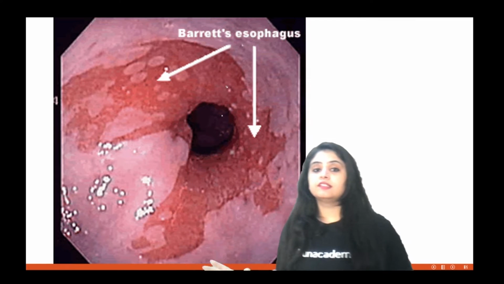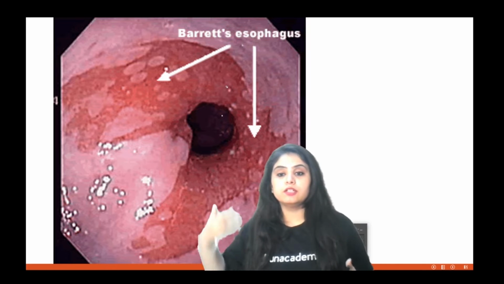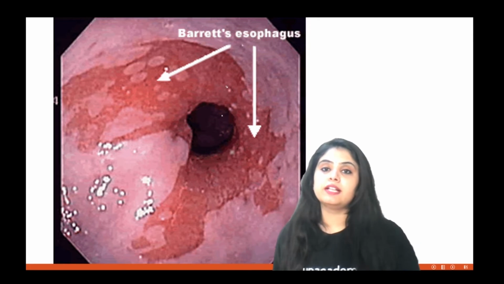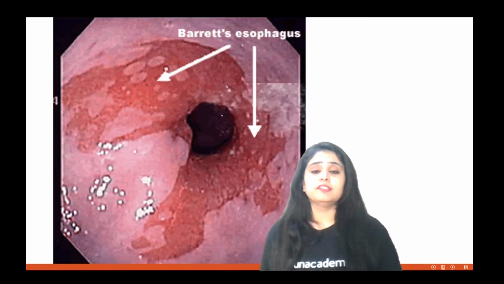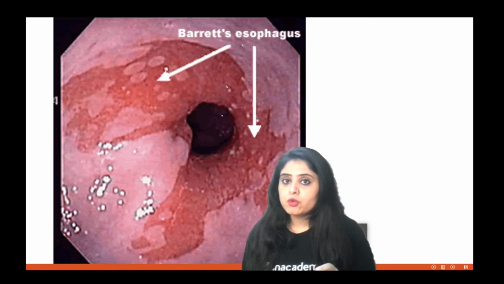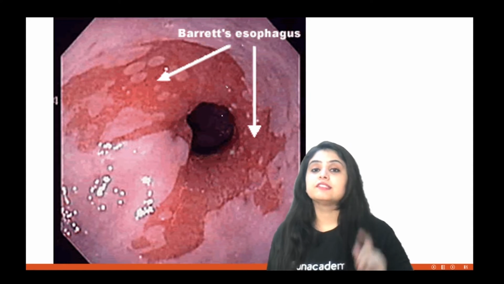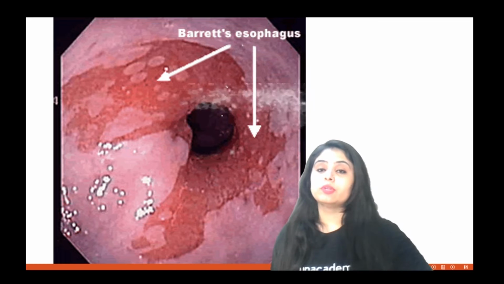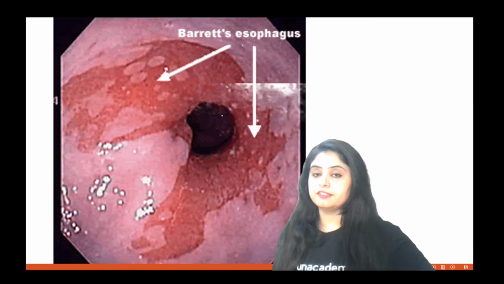These are the areas where the metaplastic changes occurred. You see that labeled as Barrett's esophagus. So that is the endoscopic profile that you see in a case of Barrett's esophagus. I hope everyone remembers that this disease is of utmost importance because it is precancerous. If you do not treat it, the patient can land up with esophageal cancer.